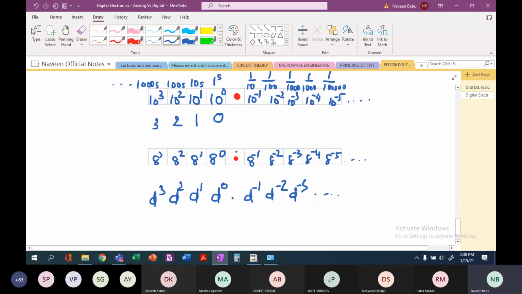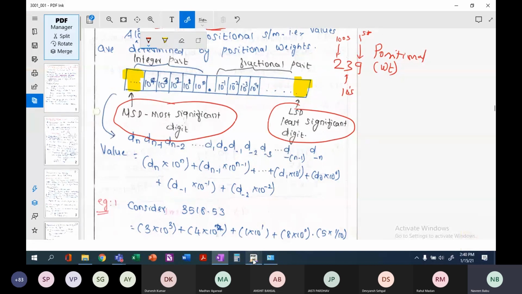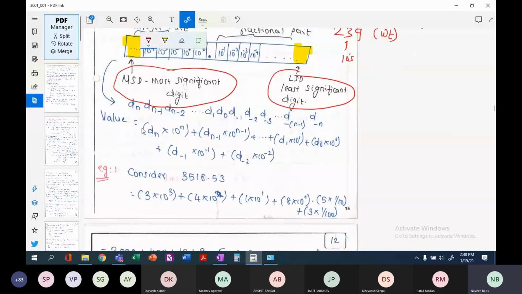Now these are the positional weights. If you want to get the actual value, the digits are multiplied with their positional values. Say for example, here we have some digits called D0, D1, D2, likewise.